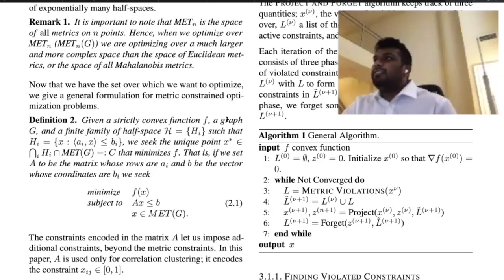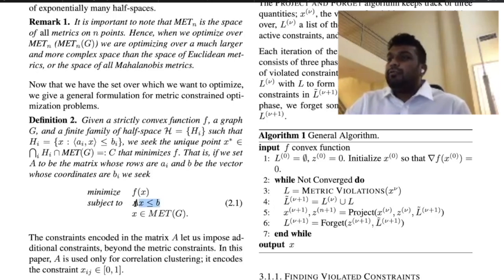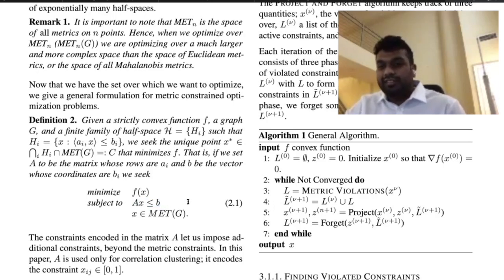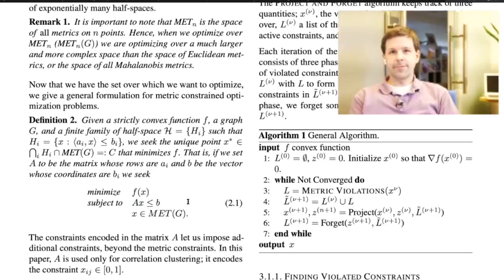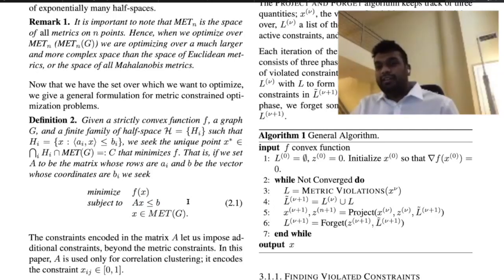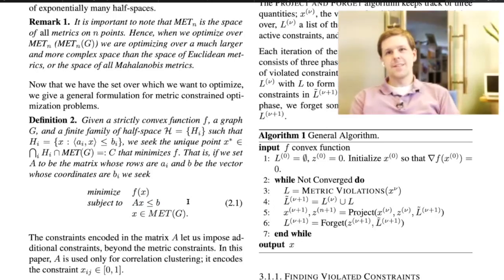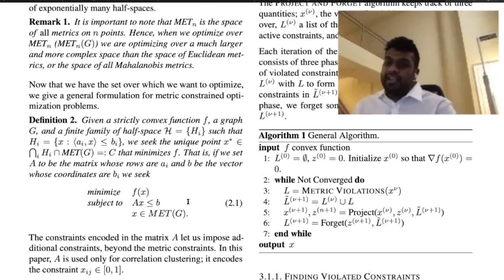So yes, there is a version where instead of linear inequality constraints, you just have convex constraints. And we have the same sort of theory behind it. But now computing projections onto general convex constraints is not something you can do. So in that case, that's the bottleneck there.